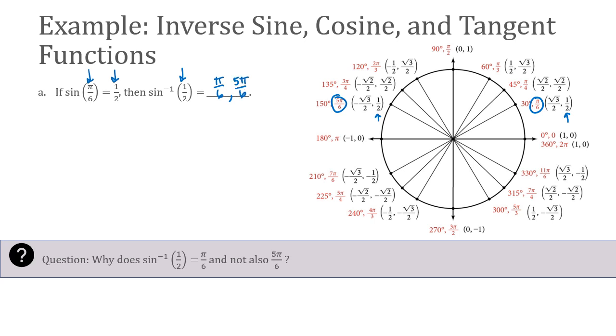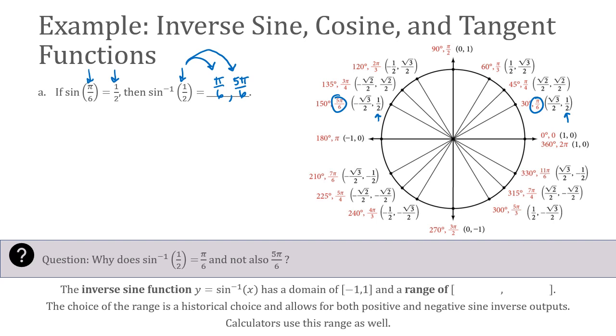Well, the answer is because if we're going to actually call this inverse sine a function, then the definition of a function is that that input of 1/2 can only have one output. So should the output be pi over 6 or should the output be 5 pi over 6? Well, it could really go either way, but it can only be one of them for sure.